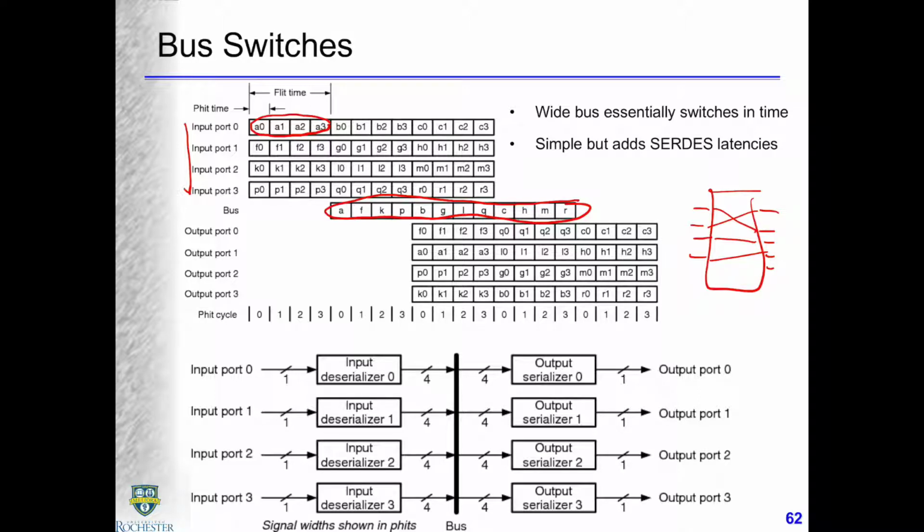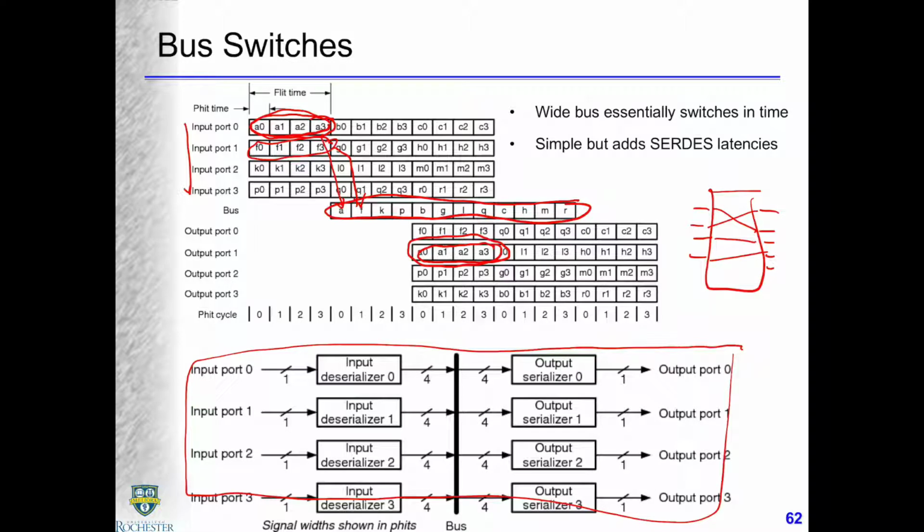So when the data comes in, if an input port wants to go somewhere, I accumulate enough data to go in one cycle, boom, there you go, that's A. And F goes in the next cycle, and so on and so forth. Once I arrive at the output port, they become deserialized, and then they can go out of the port. Okay, so that's the timing diagram.